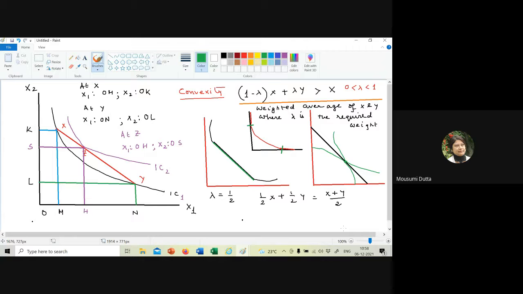These three possibilities we have to avoid if I consider a conventional indifference curve. A conventional indifference curve will be strictly convex to the origin.